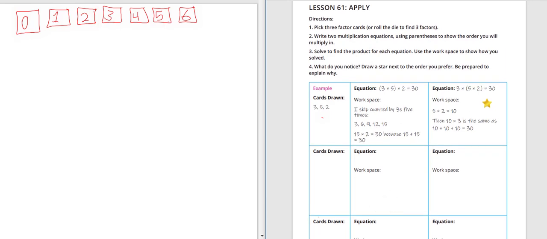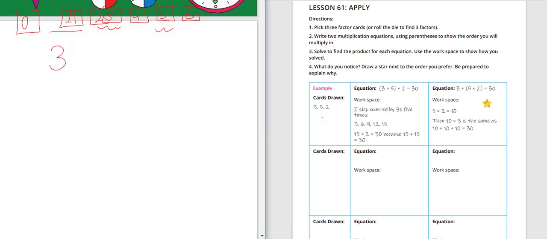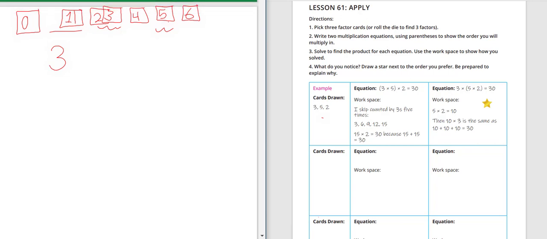Okay, we take 3, 5 and 2. Three times 5 times 2. We can take the first number with the second number as he solved, then times the third factor, 2.